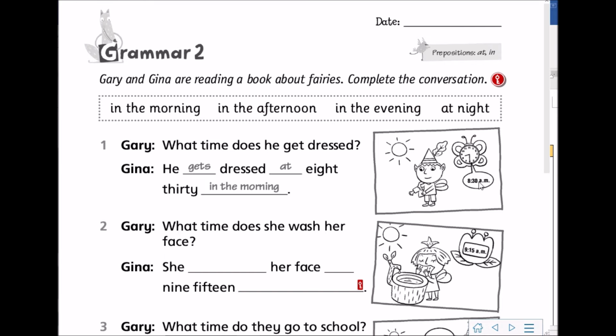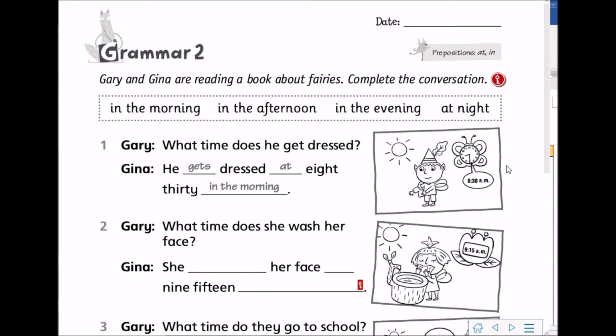Because if you don't tell me the time phrase like 8:30, I don't know if it is 8:30 in the morning or 8:30 in the evening. So usually people will also tell me the time phrase, whether it is morning, afternoon, or evening.